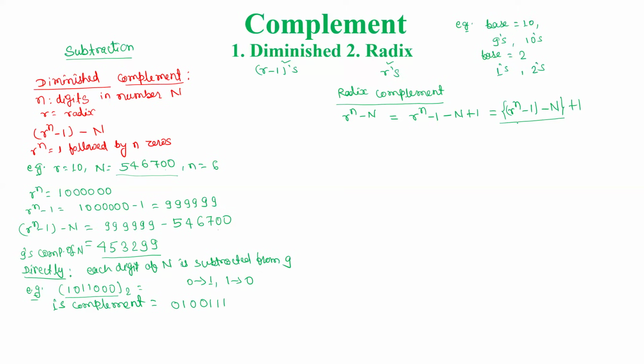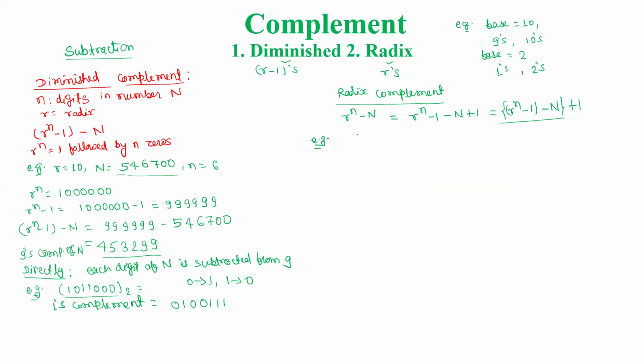So the logic is: first obtain the diminished complement, then add 1 to get the radix complement. First we will see it with the help of the algorithm; later we will discuss how to find it directly.